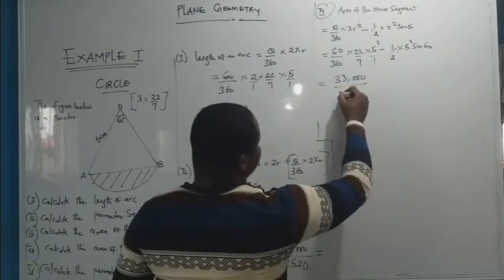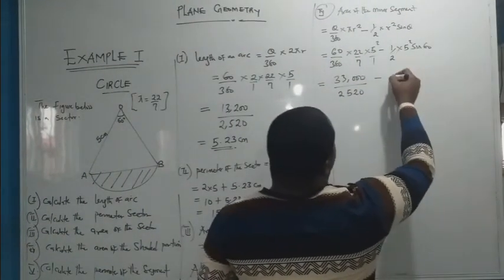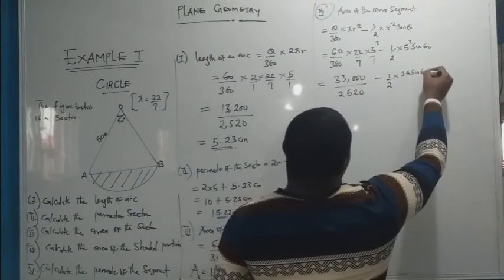We got 2,520 minus, then here we have 1/2 times 25 sine 60.